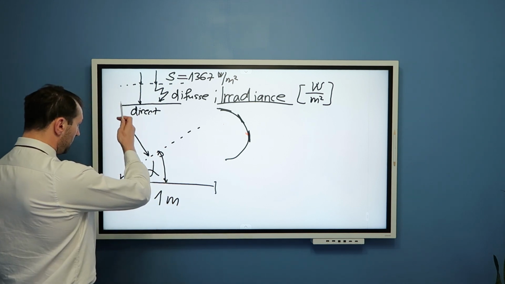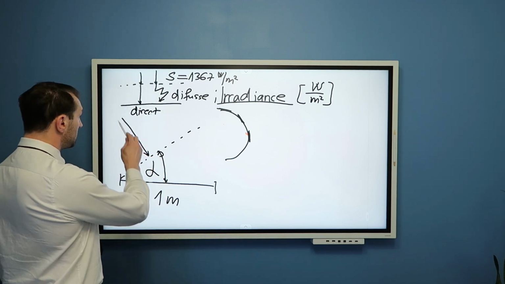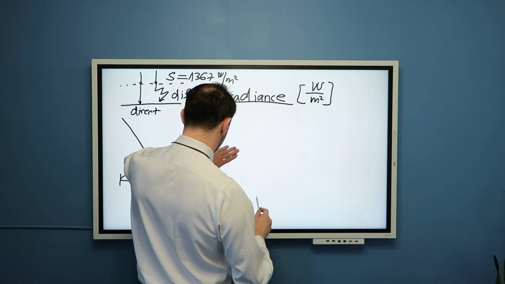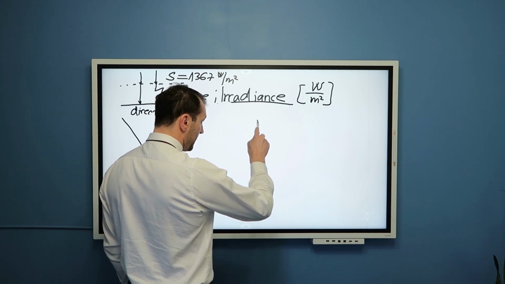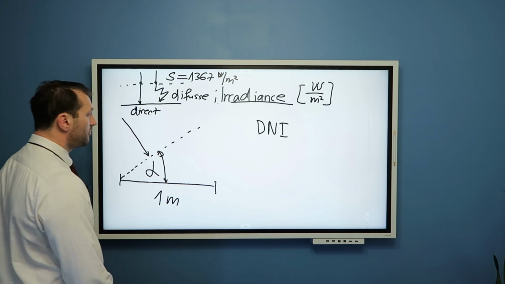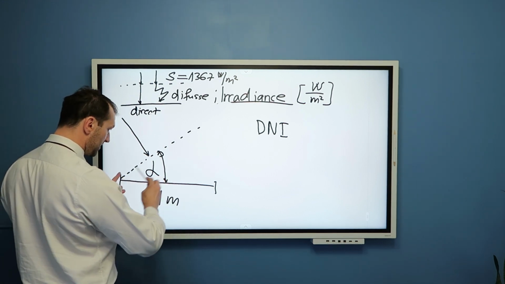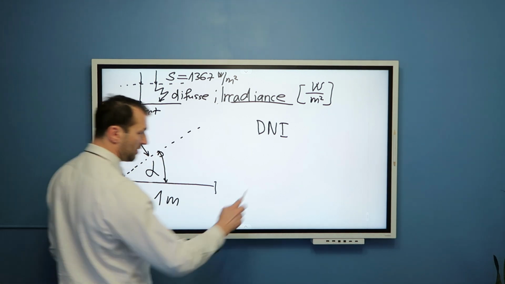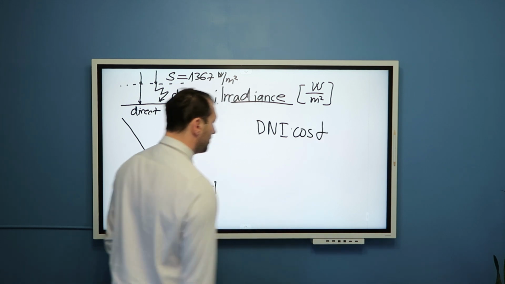so that the irradiance associated with this direct radiation can be expressed in the following way. Direct normal irradiance would be irradiance on this surface that is perpendicular to the incoming radiation times cosine of this angle alpha.